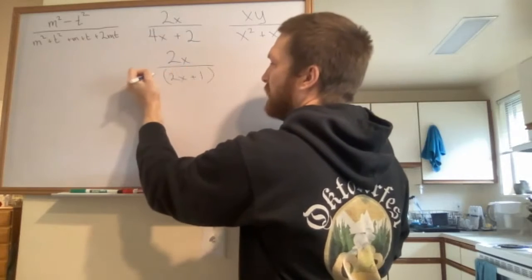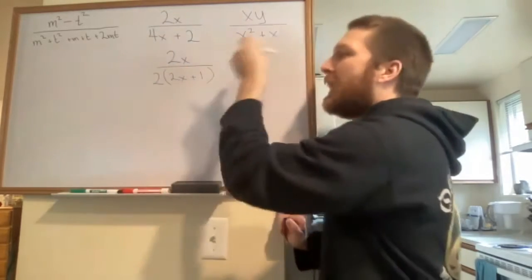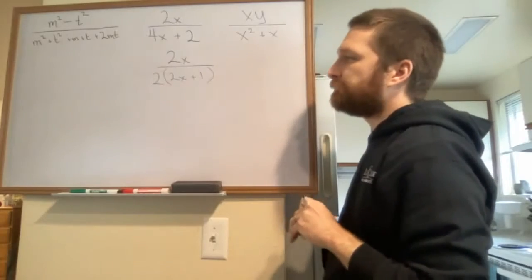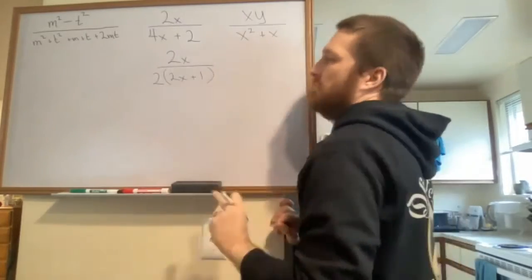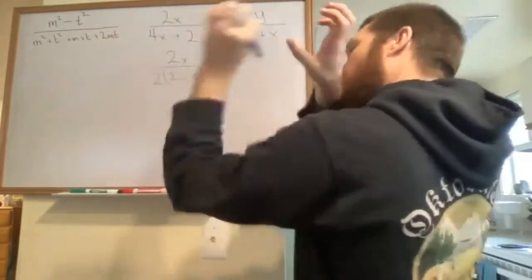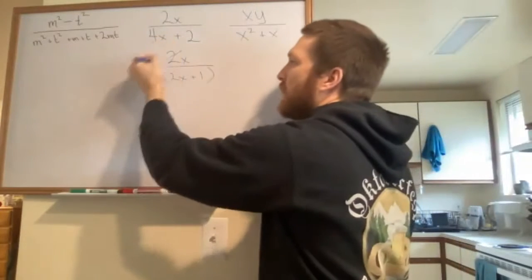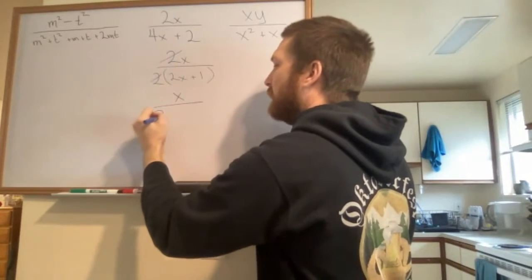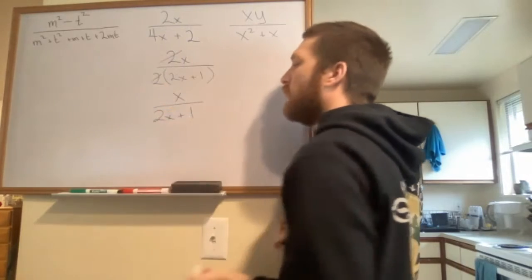There we go. Now I factored out the 2, can I cancel out that 2? Yes, because we have multiplication on top and multiplication on the bottom, so I can cancel out that 2, and I'm left with 2x plus 1.